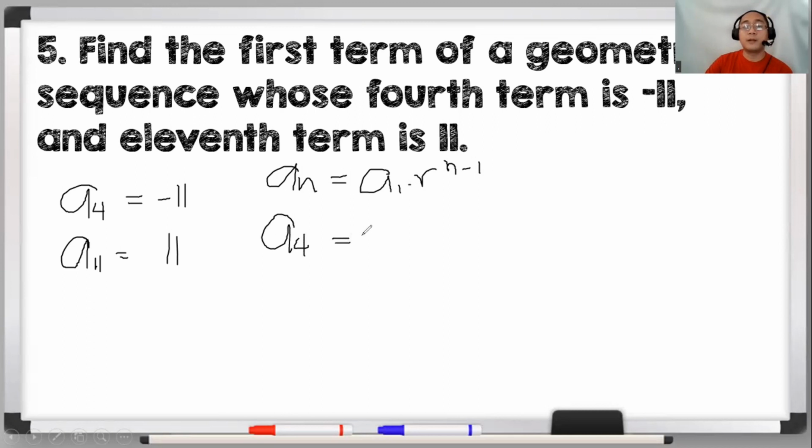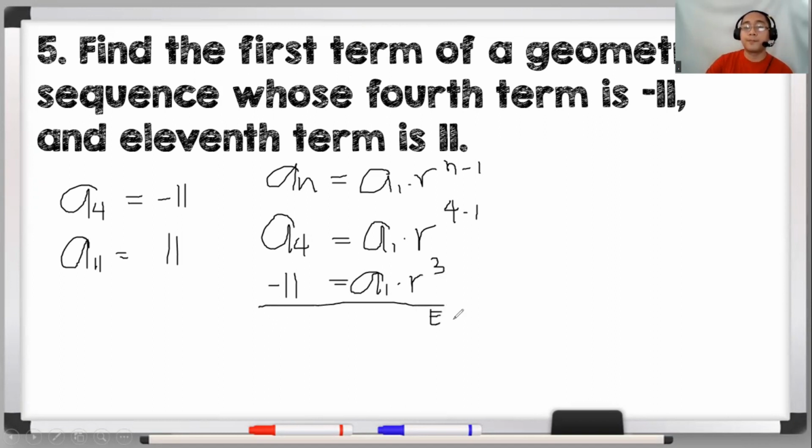That is equivalent to a sub 1 times the common ratio raised to 4 minus 1. Take note, the value of our a sub 4 is negative 11, so negative 11 equals a sub 1 times r raised to the power of 3. This is now your equation number 1.